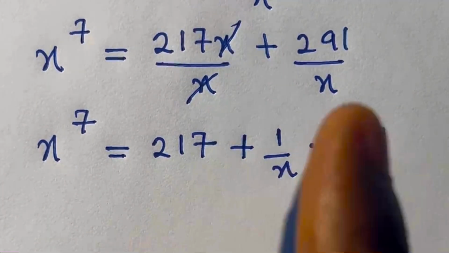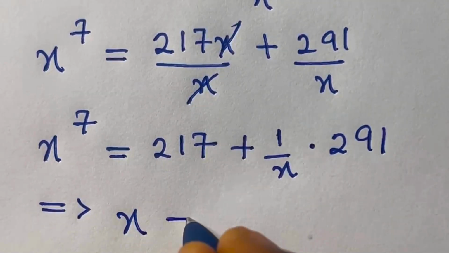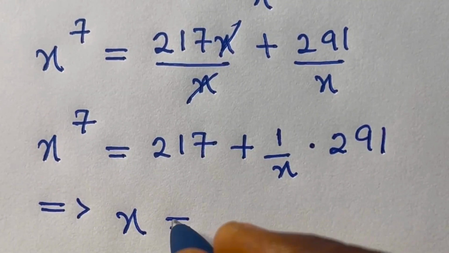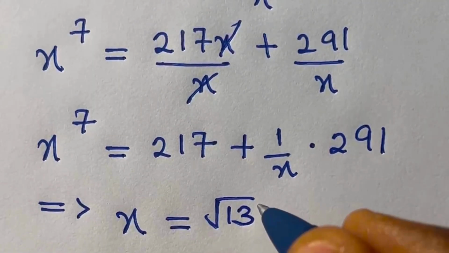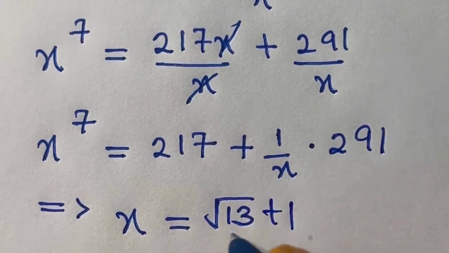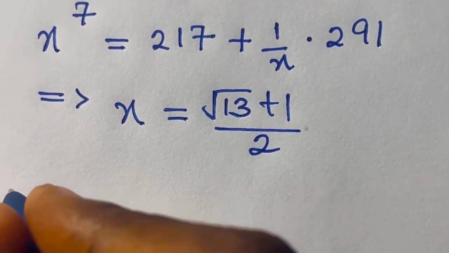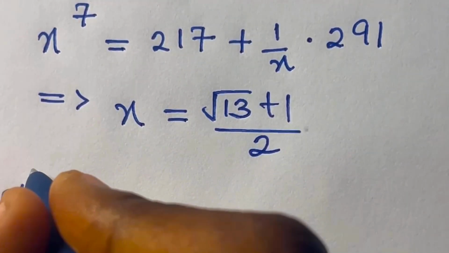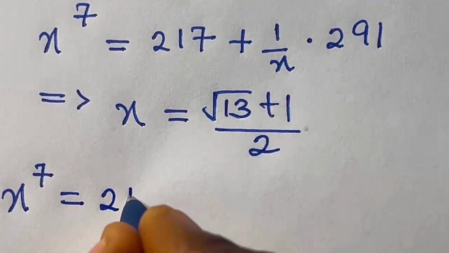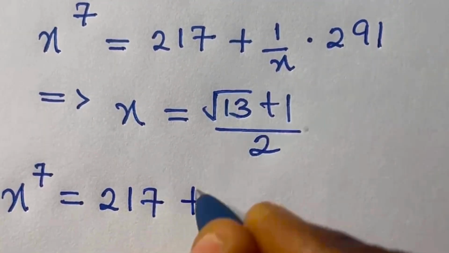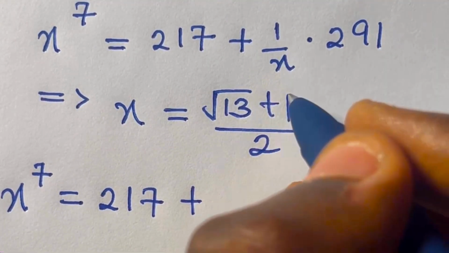All right, but recall that the given x, what we let x equal, is square root of 13 plus 1, divided by 2. So therefore we have x raised to the power 7 equals 217 plus 1 divided by x.